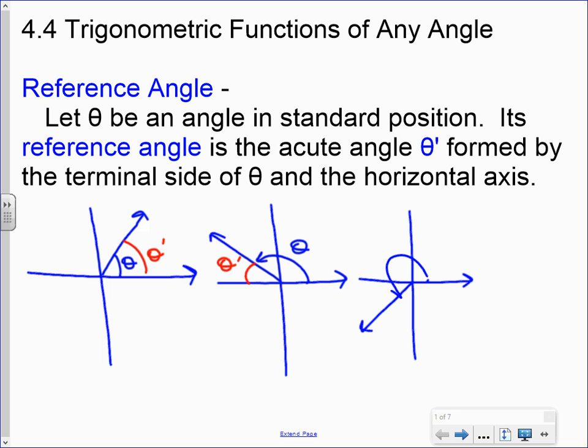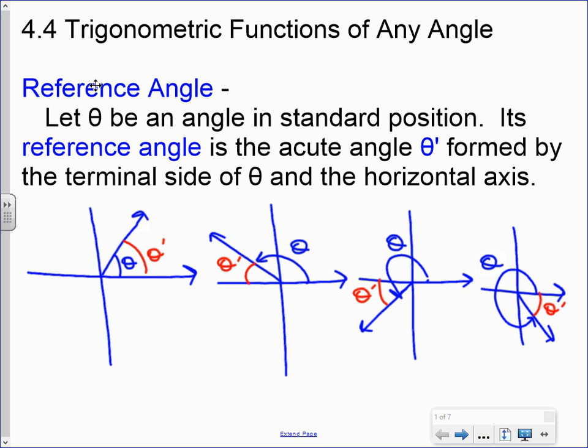In the third quadrant, the reference angle would be however much past 180 or pi our angle is. And then in the fourth quadrant, we're talking about how far away we are from 360 or 2 pi.